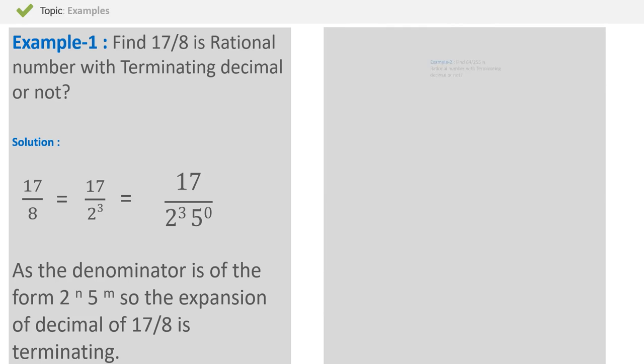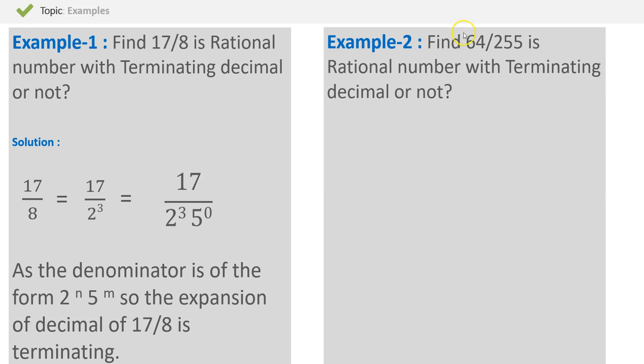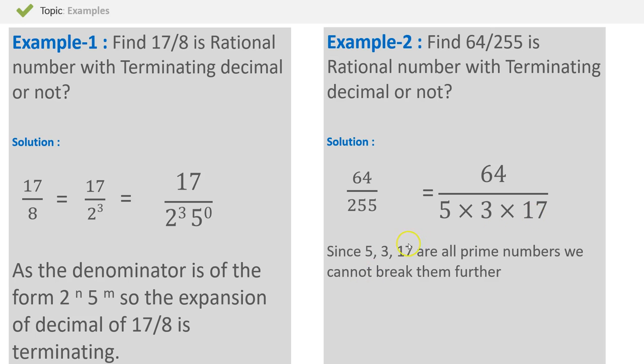Let's take another example. Let's take 64 by 255. Can this be a terminating decimal number? Let's take a look. 64 by 255 can be represented as 64 divided by 5 multiplied by 3 multiplied by 17. And you can see all the three numbers are prime numbers, and hence you cannot break them further.